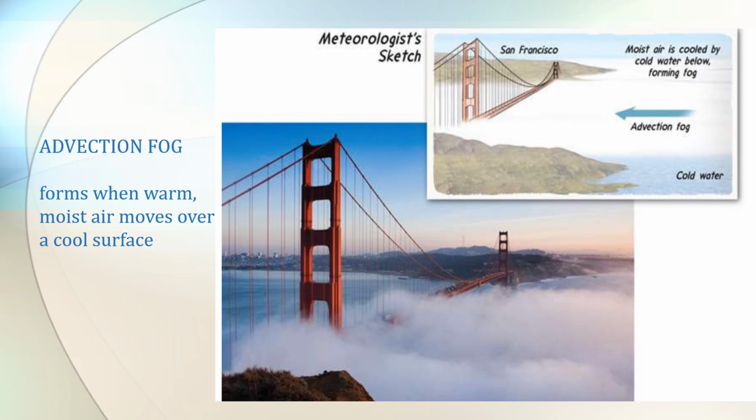This warm moist air blows over a cold surface, then it becomes chilled by contact with the cold surface below. If cooling is sufficient, the result will be a blanket of fog. This is what you can see in the picture. And the term advection refers to air moving horizontally. That's why it's called advection fog.